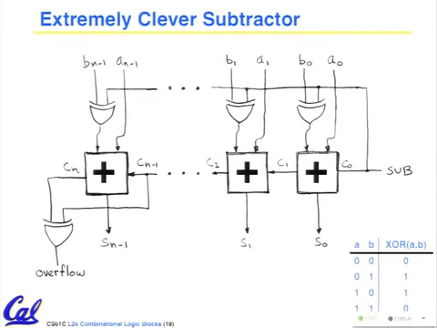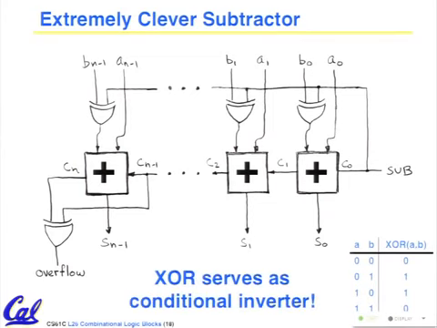So if I had a box that, if I put in that one bit, is, okay, be the same, so let the value of B pass through because I'm just adding it, A plus B. But I also want the box to be able to flip B, to invert all the bits. What would that box be? XOR. That box is a conditional inverter. Like I said last lecture. So I take my B, I pass it to my conditional inverter, I pass the sub line to all those XORs, and that B becomes not B.